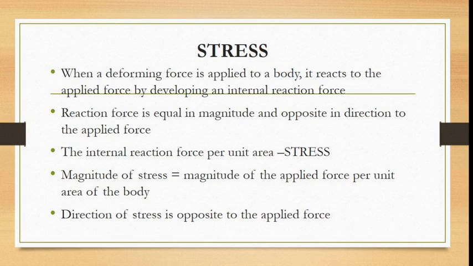And we know that this stress is internal reaction force per unit area. We had defined it as internal reaction force per unit area. So the direction of stress will be, we know that internal reaction force also always opposes the applied force. So the direction of stress is opposite to the applied force.